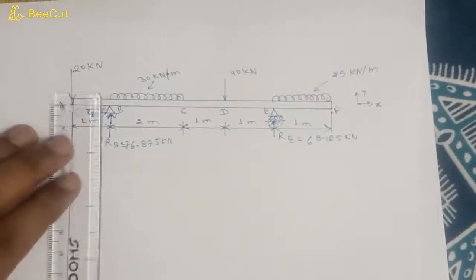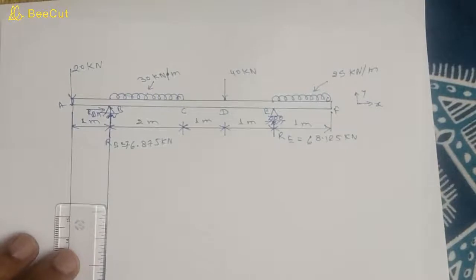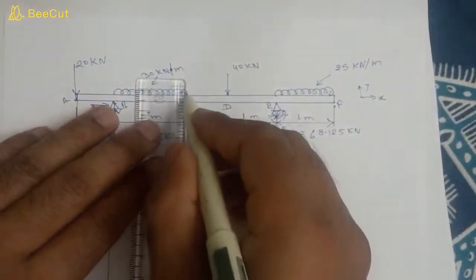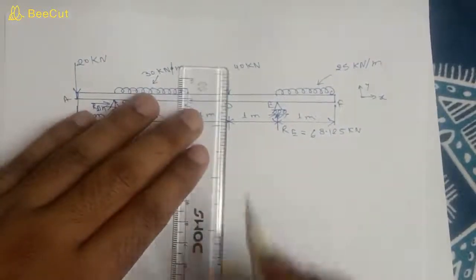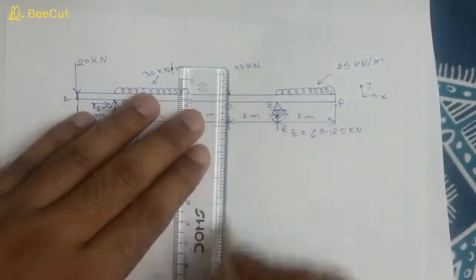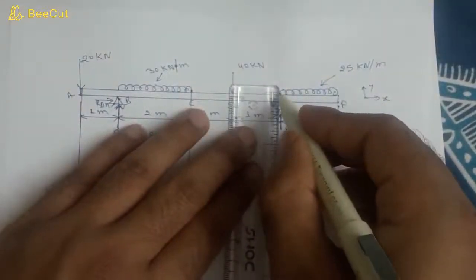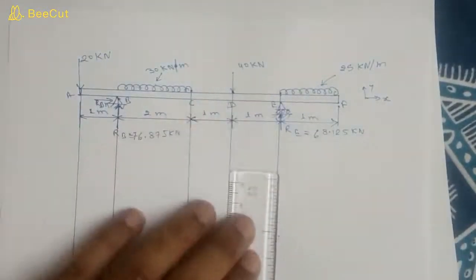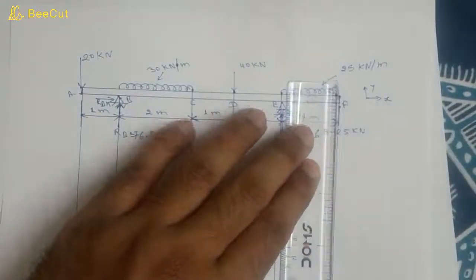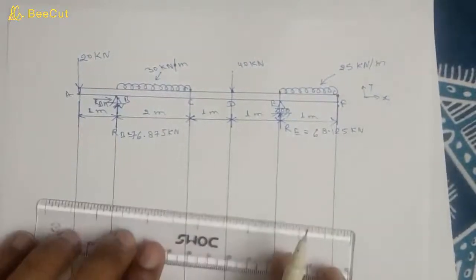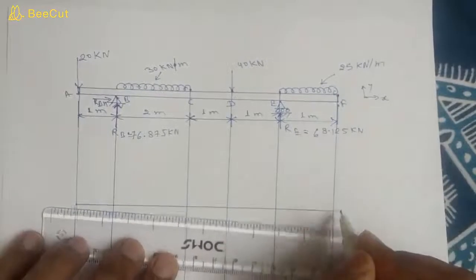So we will draw all the lines. It will be easy for us to draw the shear force diagram and bending moment diagram if we have these lines for guidance. So here we will draw the shear force diagram. This is the 0 axis.